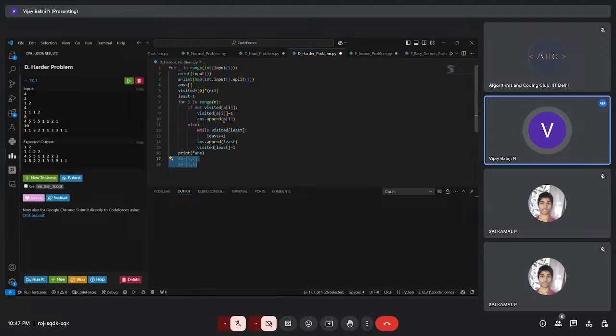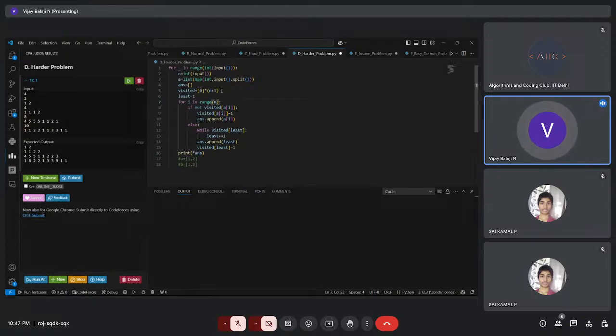Initially, we have an array visited that records whether an element has occurred or not, and the least element that has not occurred so far. Initially, the least element that has not occurred so far is one itself, so I'm initializing it to be one, and I have initialized everything in visited to be false.